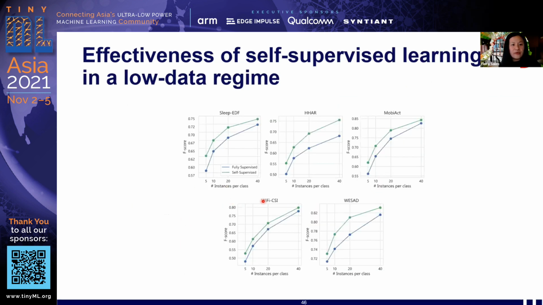The method is also very effective in the low data regime, which means even with a low number of instances, we can outperform the fully supervised ones. The green one's ours, and the difference is really huge, especially when we don't have many instances.